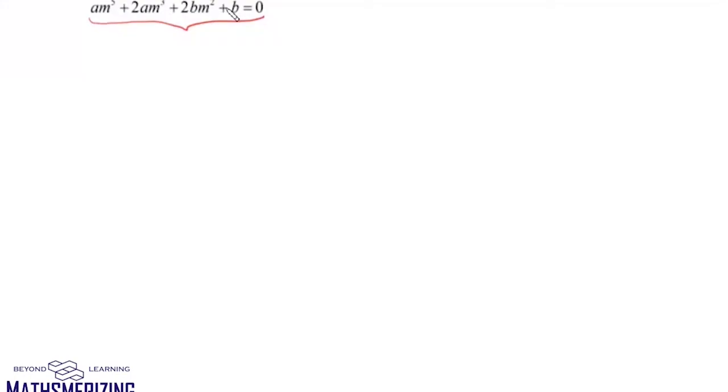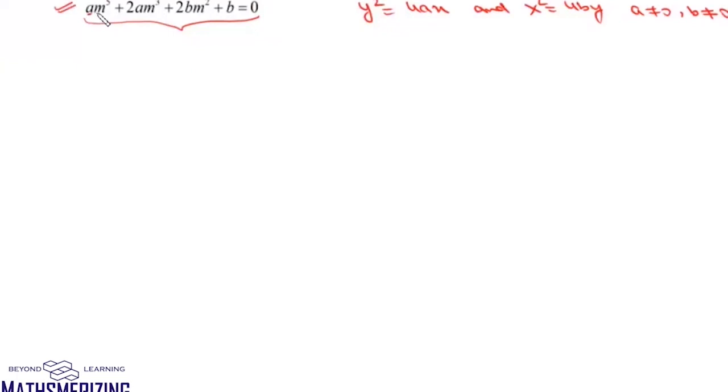Now most of the books and almost all YouTube videos and study material give the maximum number of common normals between the two given parabolas, y square equals 4ax and x square equals 4by, as 5. Now this fifth degree equation may not have 5 real roots. So we'll look at this equation a bit. I'll divide this equation by a.